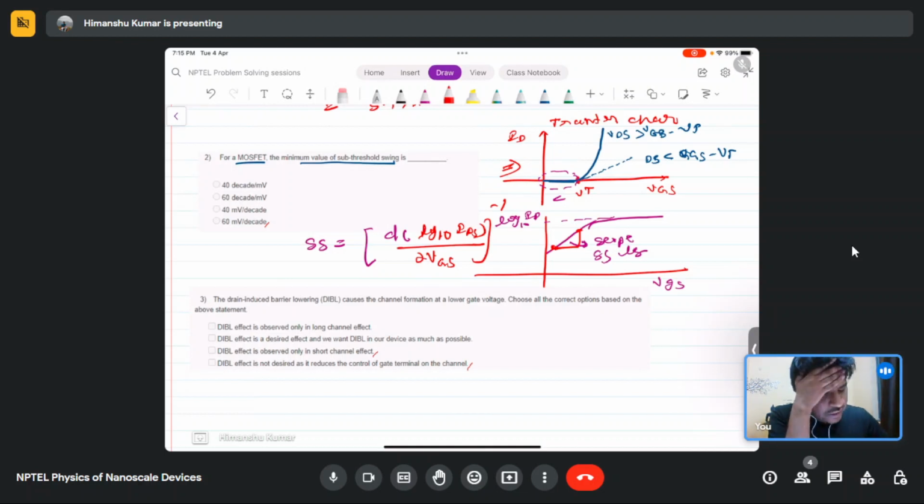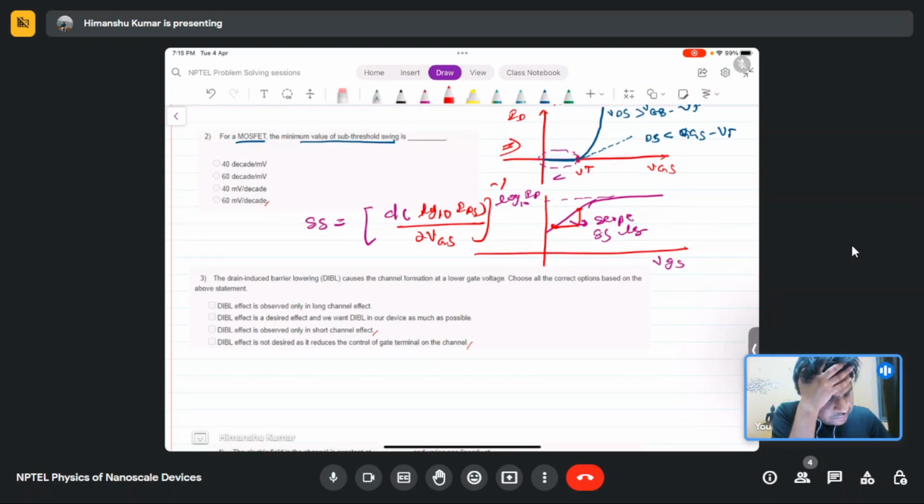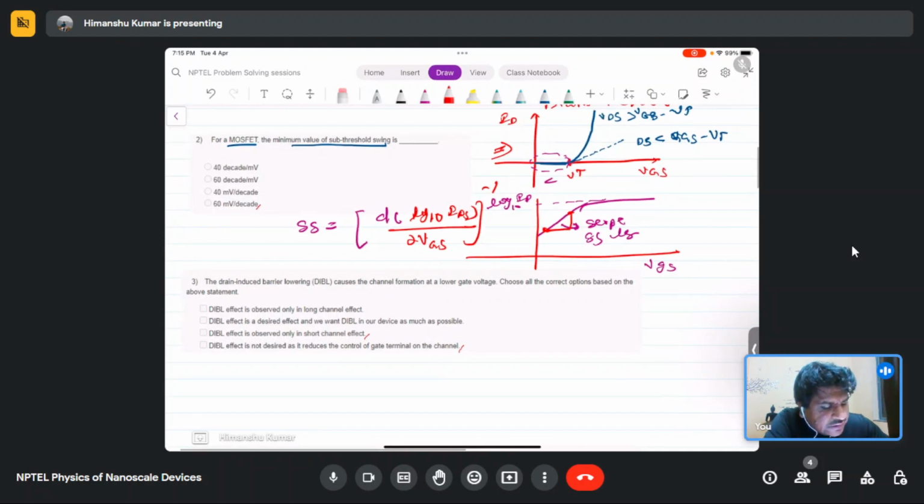Basically, if we measure the subthreshold slope, then the slope is equal to dVGS by d log IDS.